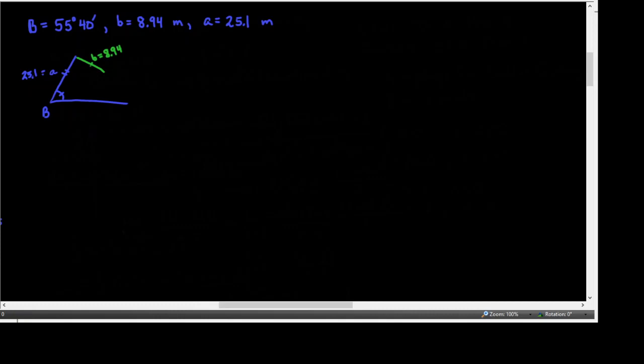So that reminds me, since it's shorter than A, that I need to think about the ambiguous case, which means I need to figure out what H is. So H is going to be something sine something. The angle that I'm going to use is the only angle given.